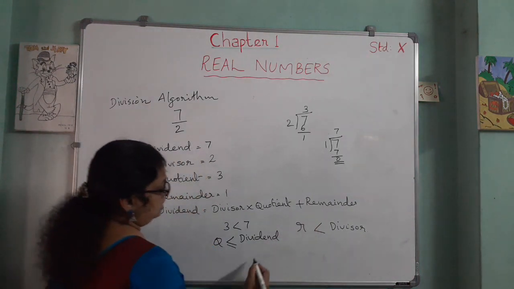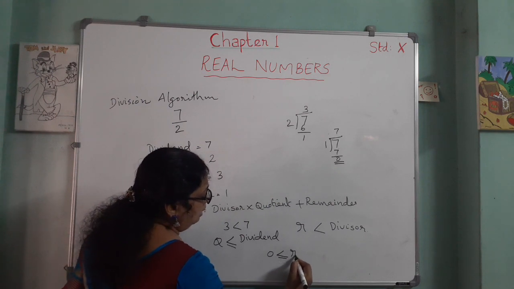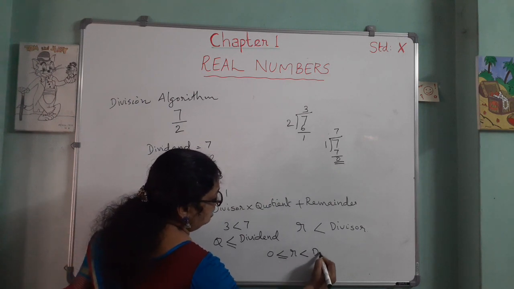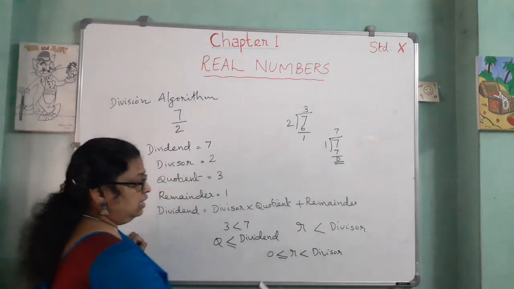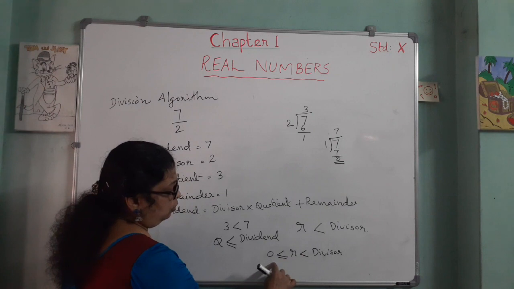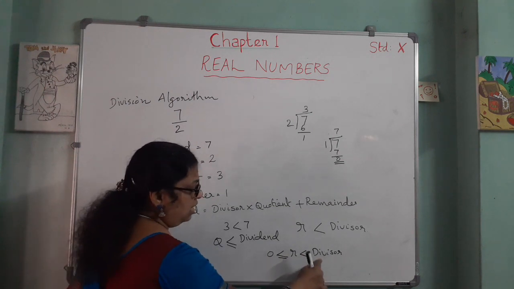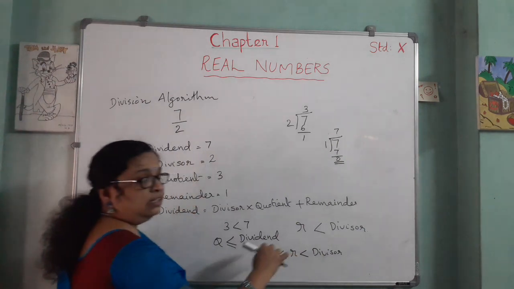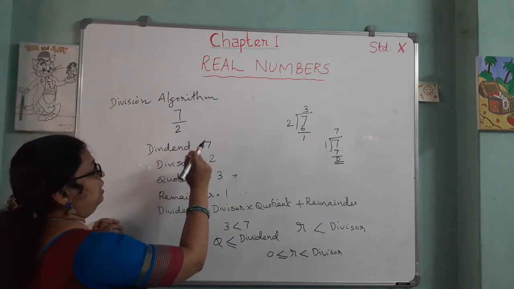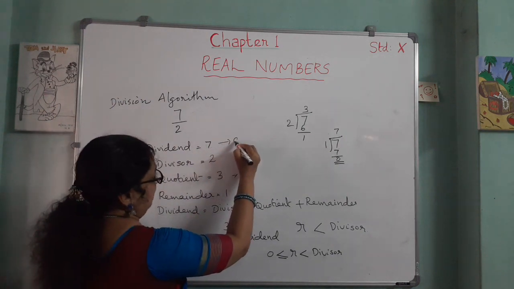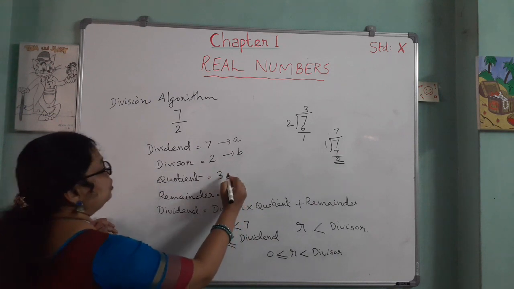So we can write 0 less than or equal to remainder less than divisor. So in a division, the remainder may be 0 or otherwise greater than 0, and always the divisor is greater than the remainder.